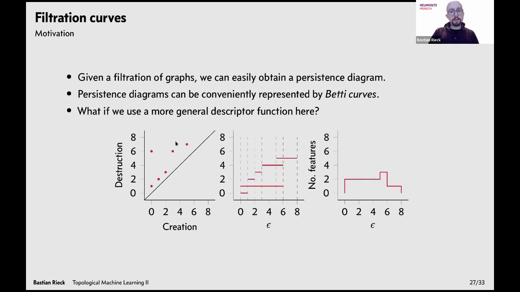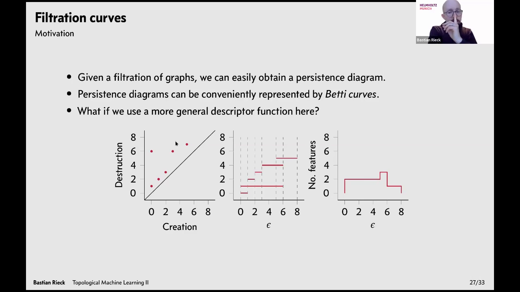And the motivation for this is the observation that if we have a filtration for graphs, we can relatively easily obtain a persistence diagram, and we can represent those diagrams very nicely by Betti curves. And I already showed you in the lecture last week that one can have lots of fun with Betti curves. One can use them as piecewise linear functions and calculate means and so on and so forth.